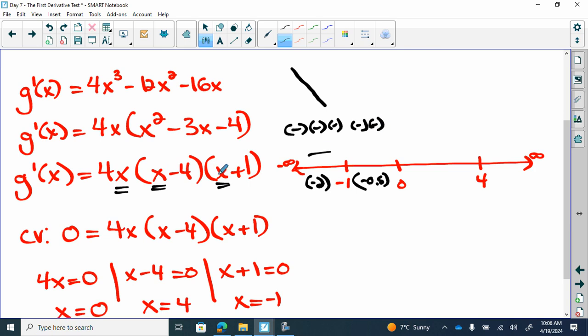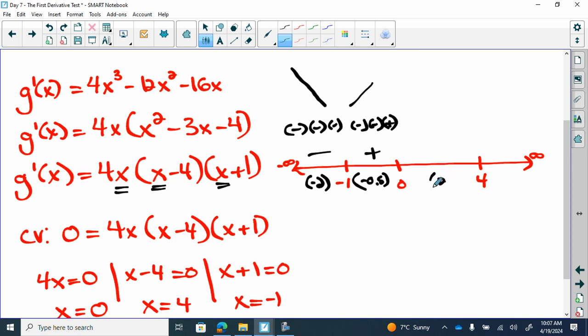And this, -0.5 plus 1, it's a positive. A negative times a negative is a positive, times a positive is a positive. So that means between -1 and 0, it's going up. My y values are getting bigger. The function is increasing.